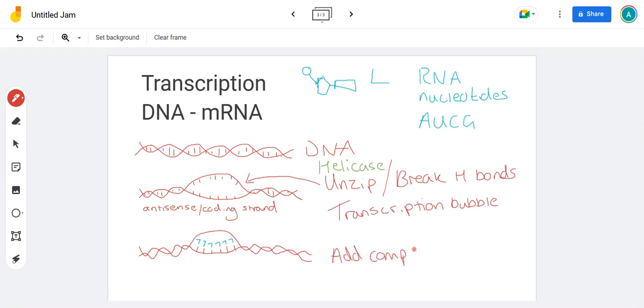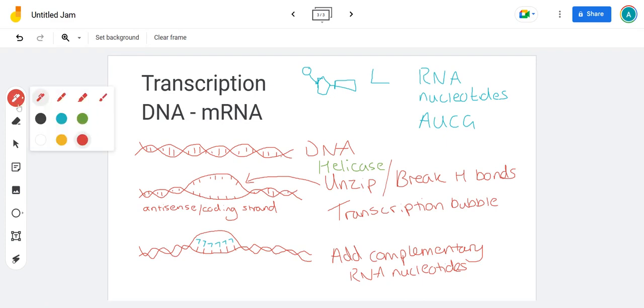Complementary RNA nucleotides. The enzyme that catalyzes that is RNA polymerase. Okay, so RNA polymerase.